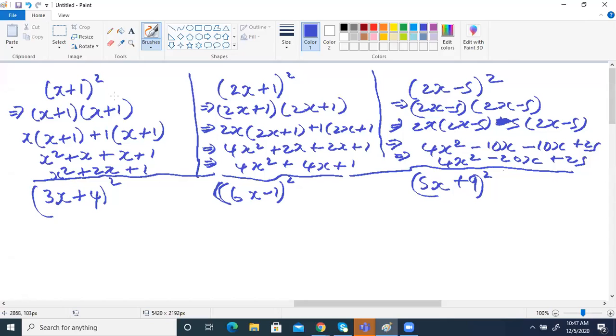What did you guys get for the first one? 9x squared plus 24x plus 16. All right, that sounds like it. Anybody else? Yes, sir, got the same thing.